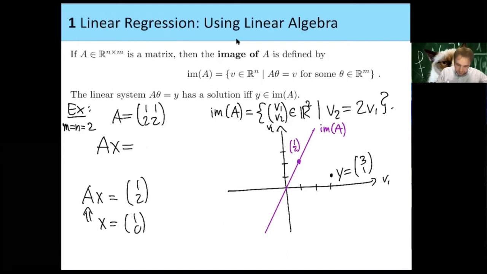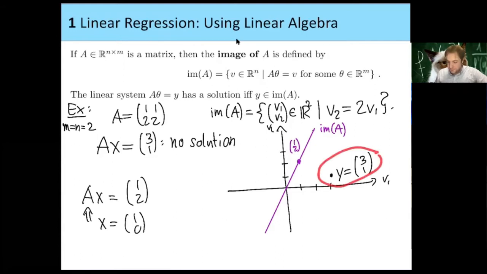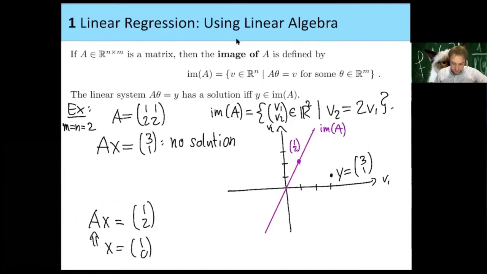So this has no solutions, right? Because this vector is not in the image of A. But now, what would be the best possible solution?